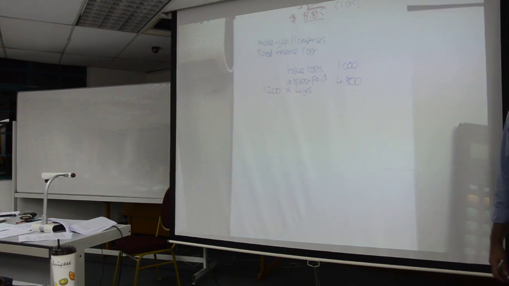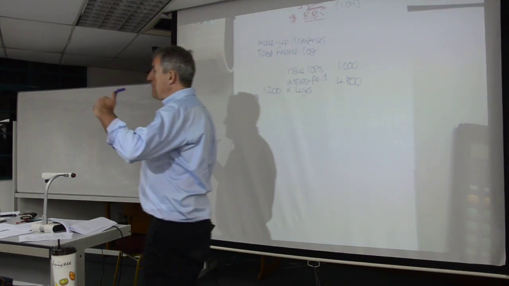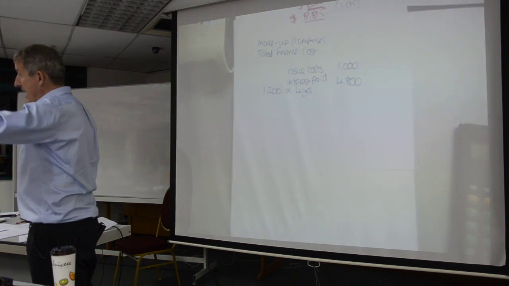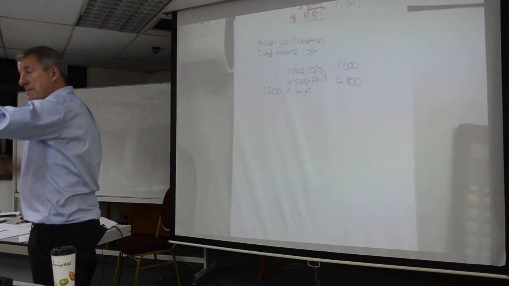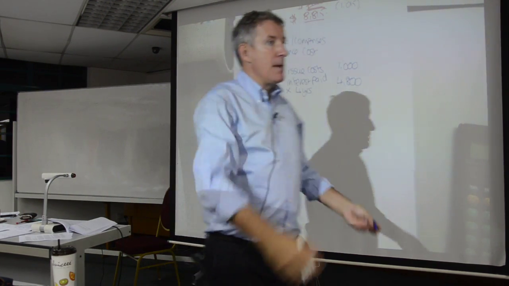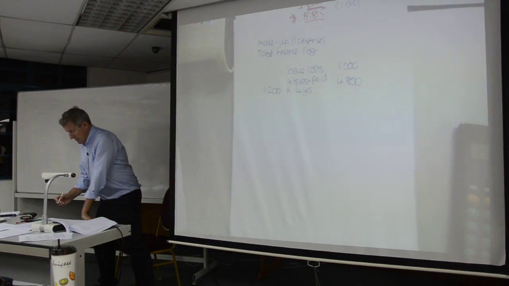What else do I write off? The discount. When I borrowed the money, I got 18. Well, I got 17, but I've dealt with the 1. I only got 18, but I paid back 20. I paid back more than I borrowed. That's a finance cost. If you pay back more than you borrowed, that makes sense to me.